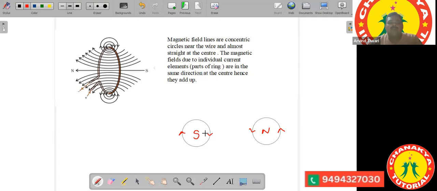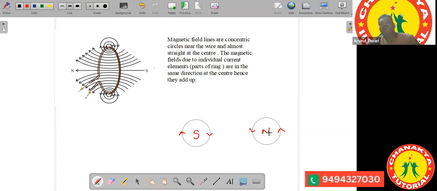Magnetic field leaves from the south pole, and inside the magnet, the south pole is where the magnetic field lines leave. So this side will be the south pole of the magnet, and the other will be the north pole.